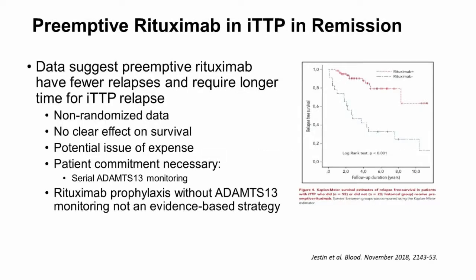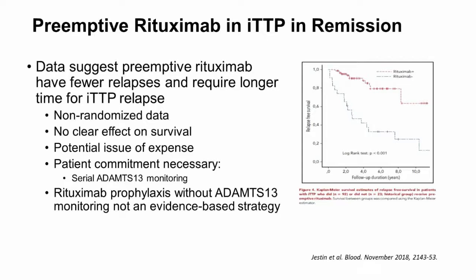The data suggests that preemptive rituximab therapy will prevent or delay relapses, as we saw previously with the data from the London group, and have a longer time to iTTP relapse. And you can see this in the figure on the right here, showing the follow-up and the relapse-free survival.